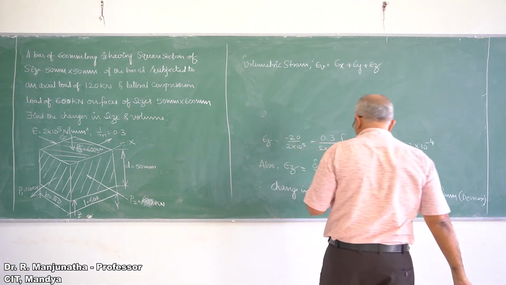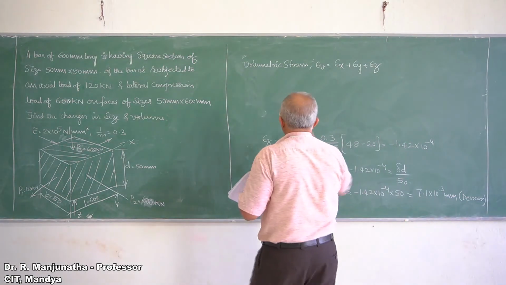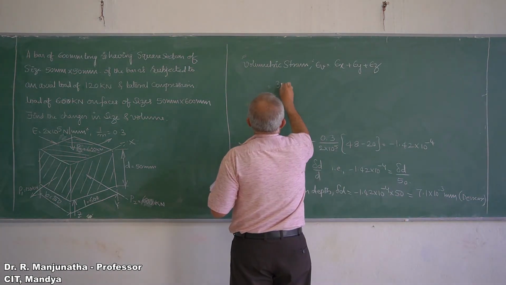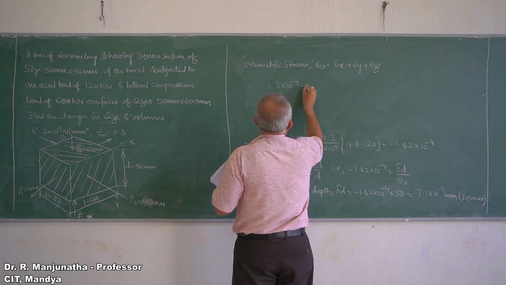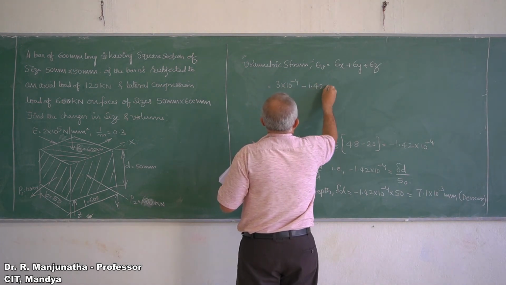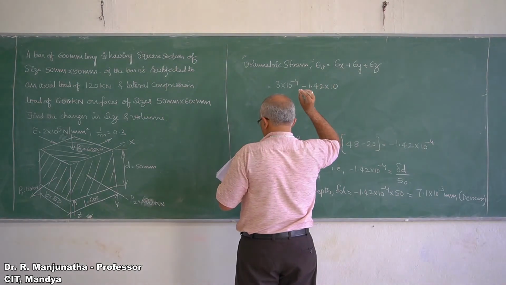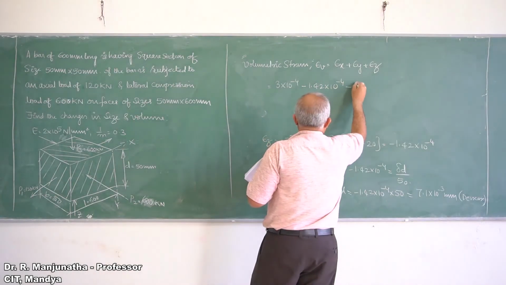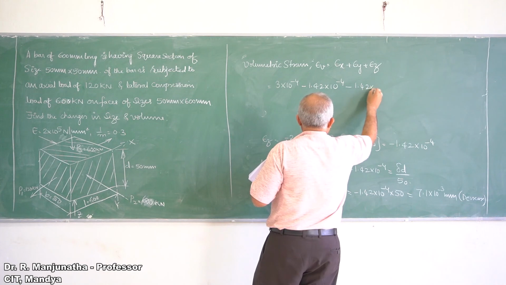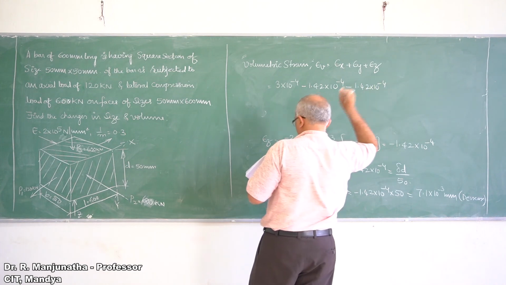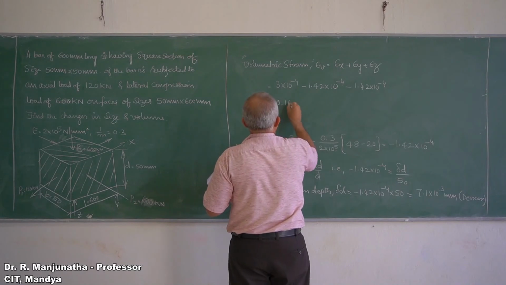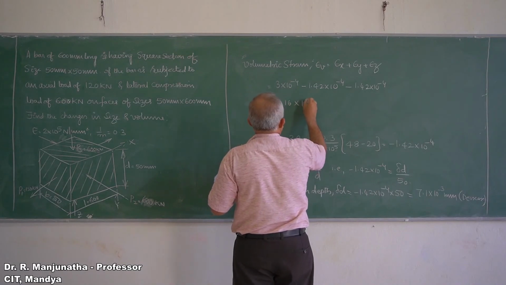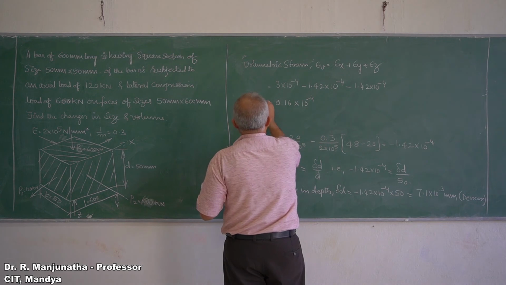Here epsilon x is 3 into 10 to the power of minus 4, plus negative 1.42 into 10 to the power of minus 4, minus 1.42 into 10 to the power of minus 4. So that will be equal to 0.16 into 10 to the power of minus 4, which is a positive value.